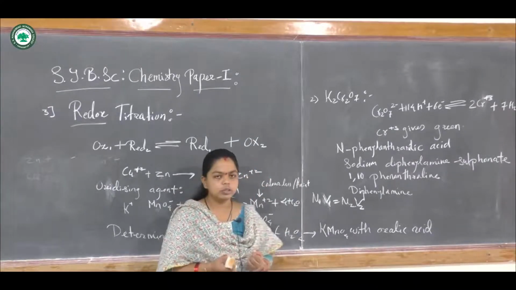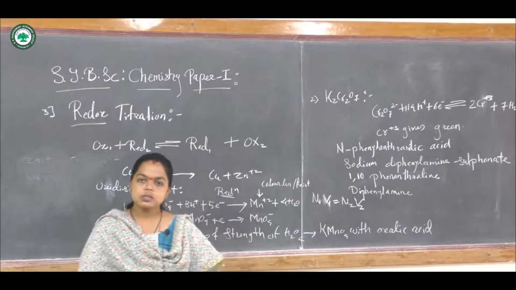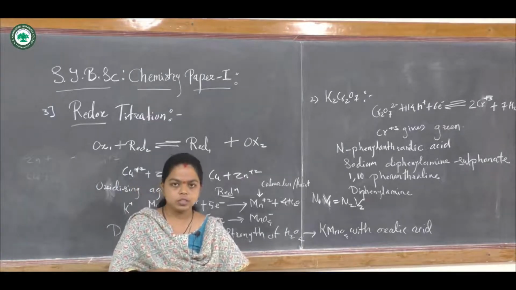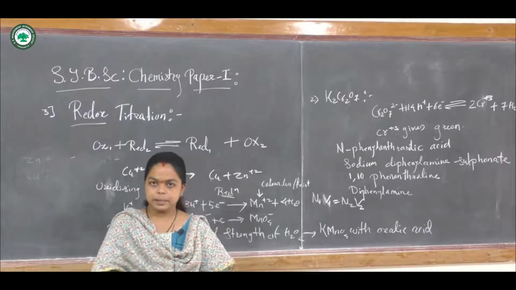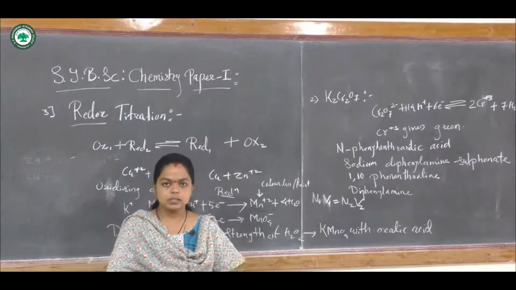So KMnO4 is first titrated with the oxalic acid. In this titration, oxalic acid whose concentration is known, because it is the primary standard, we can prepare the solution of oxalic acid of known concentration.